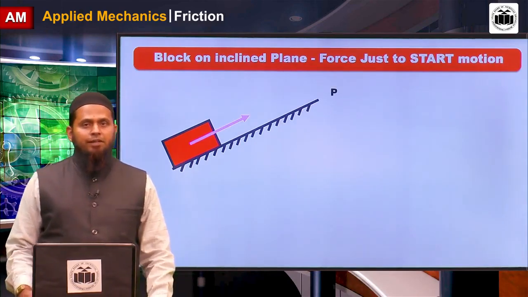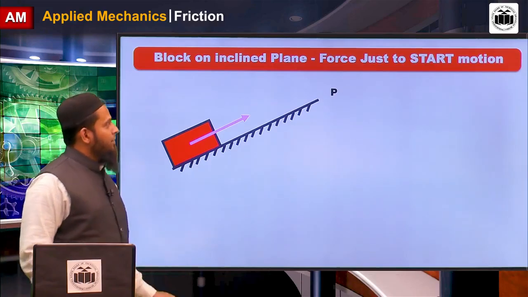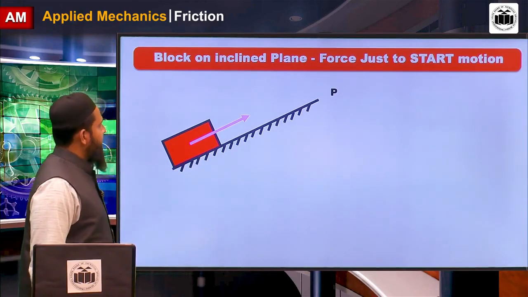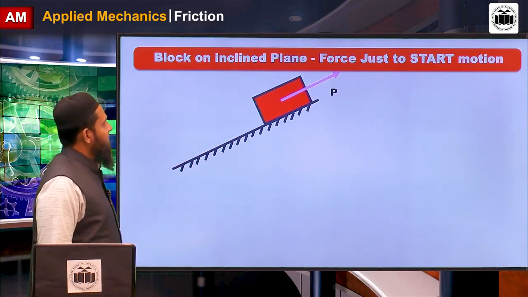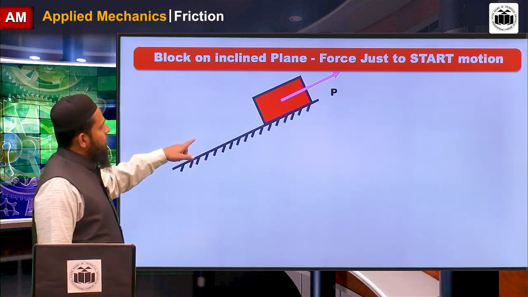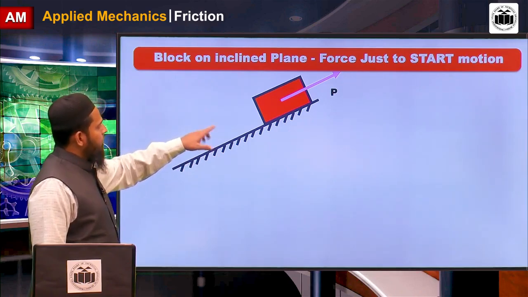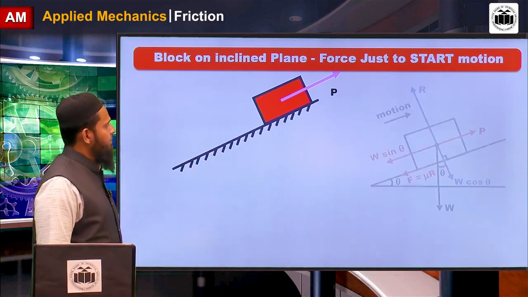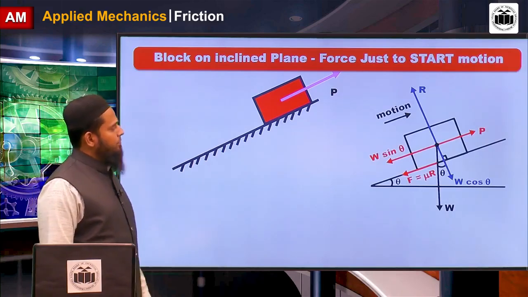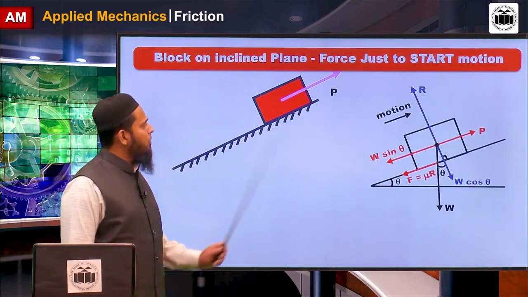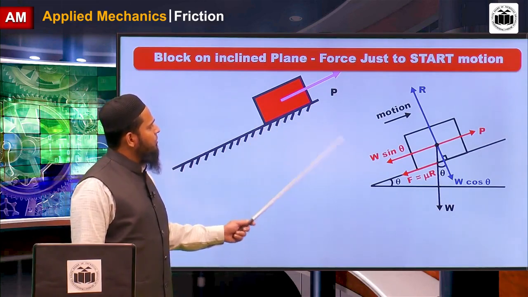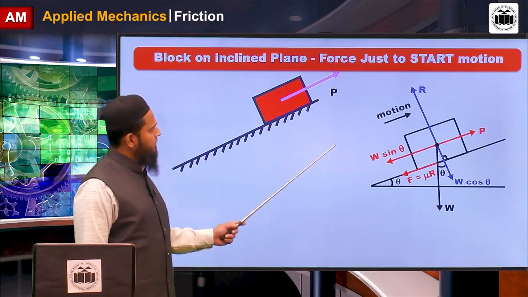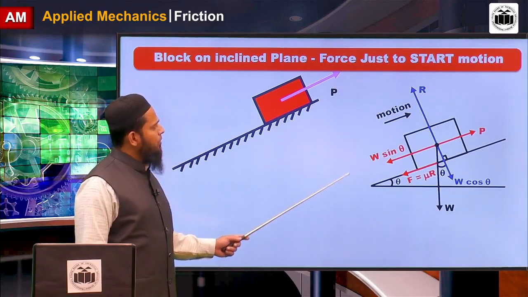Now block on inclined plane, but to start the motion, P required, like this. With the P, we have to start the motion. On the verge of start of the motion, the equilibrium conditions are there. Now, see the free body diagram of the same block. When we start the motion with P, it is on the verge of motion, so it is in limiting equilibrium. Means what?